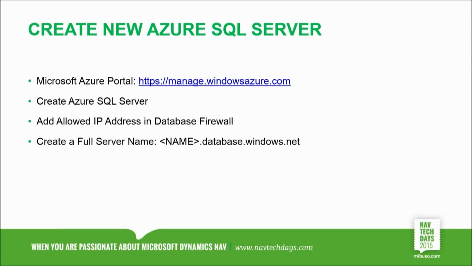And then when you get the server name, you need to create the full database name. This is the server name plus .database.windows.net, and in future you will use only this name. And after that you can start with deploying the database.